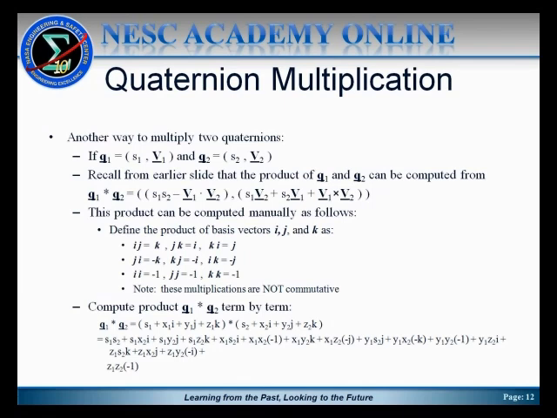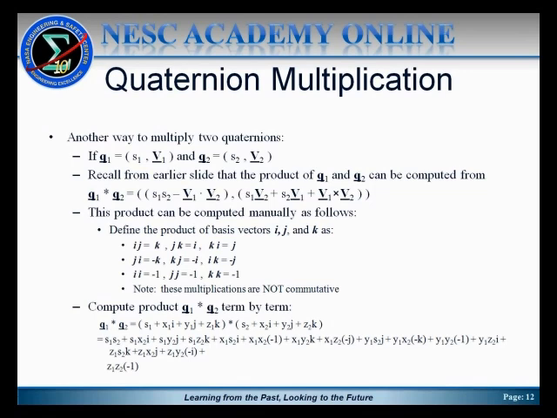So that part, the straight product of the basis vectors as used in quaternions, is very similar to the situations you have with cross products of those same basis vectors. Now there's another thing that's a little different. You'll notice terms like I times I, for use in these quaternions, are going to be minus 1, and J times J will be minus 1, and K times K will be minus 1.